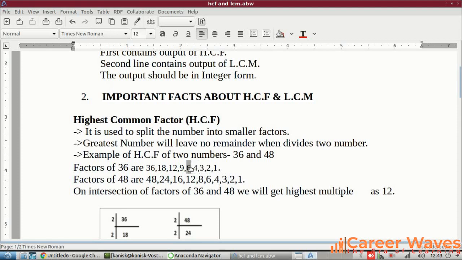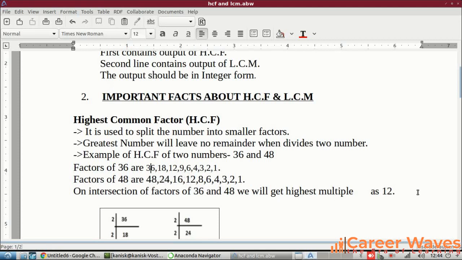6 is the highest number so far. Is there any other number which is higher than 6 and common to both numbers? Let's check. 9, no, and 12. Yeah, we got this number, 12. 12 is common, and after 12 there is no number common to each other.